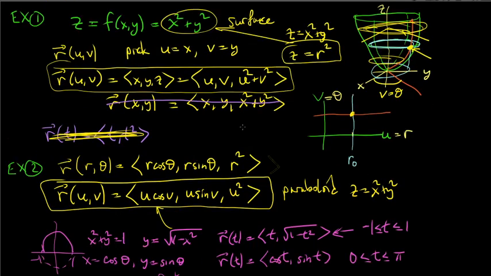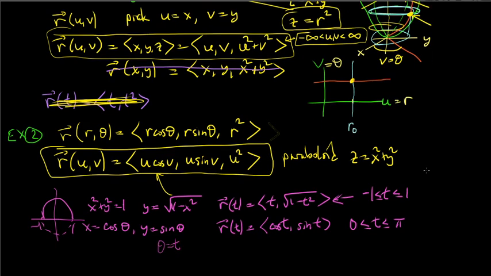So going back up here, we should really specify what u and v can be. In this case, x and y could be anything, so they can be any real number from negative infinity to positive infinity. Remember, this is the infinite paraboloid. It goes up forever.